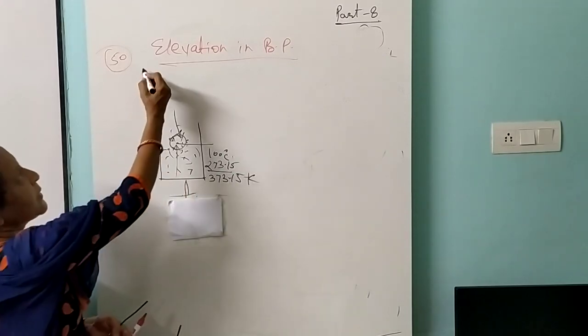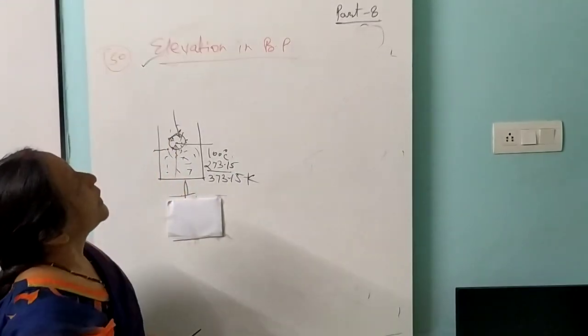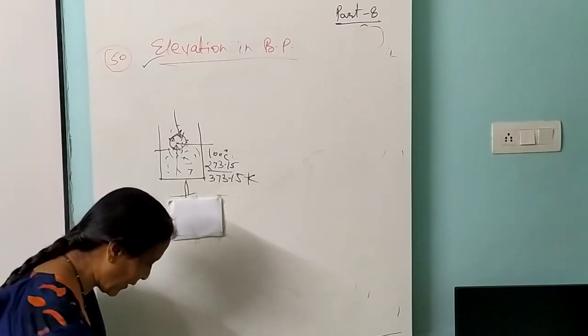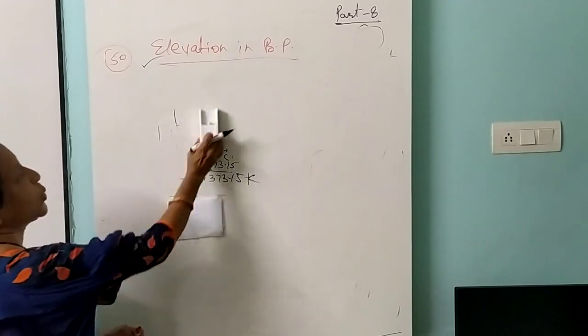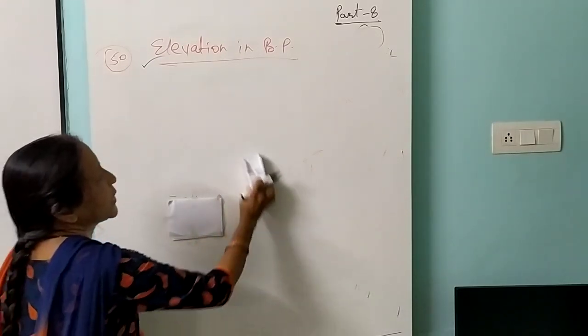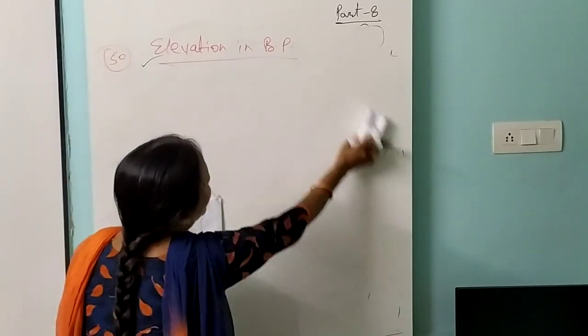Now, very important, elevation in boiling point. The meaning of elevation is to increase, so elevation in boiling point means an increase in boiling point.